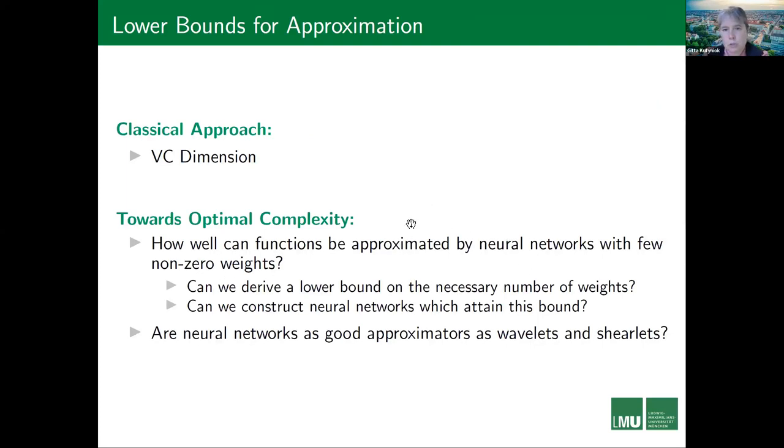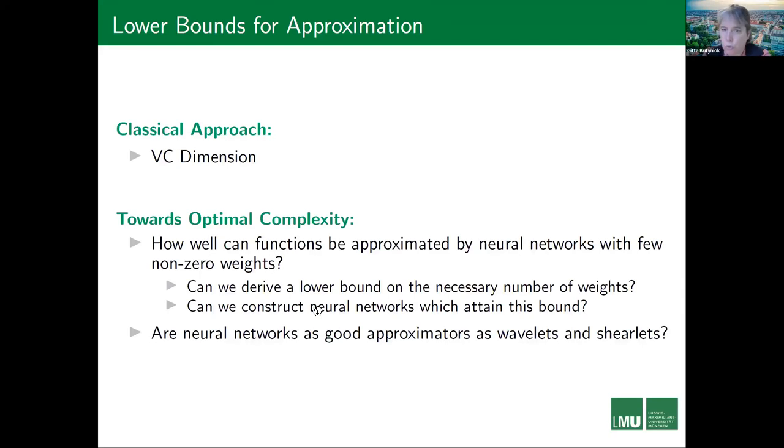So first of all, I'm interested in approximating functions by neural networks with low complexity, with very few non-zero weights. And I would like to do that in an optimal manner. And so what I need is a lower bound for the complexity, and then constructing neural networks which meet that bound.